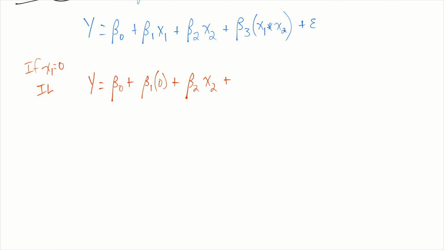So 0 times anything is 0. So we have beta 3 times 0, plus epsilon. So this reduces to beta naught, this goes away, and this goes away. So we have beta naught plus beta 2 x2 plus epsilon.